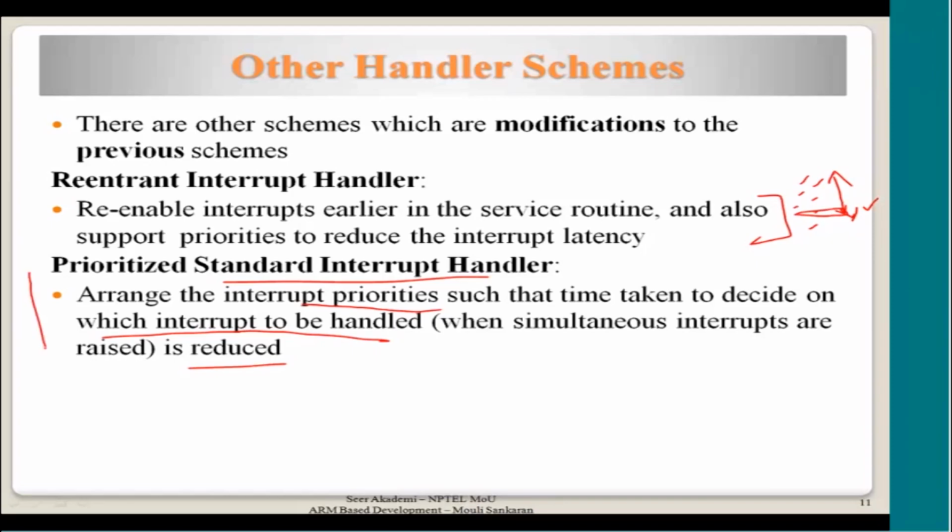Whereas in the prioritized case, hardware comes into play, and it helps in reducing the time taken for deciding which interrupt to service. Because hardware does the prioritization, it is much more efficient. That is what is called associating a priority. In this case, it can support priorities, but it will do it in the software routine, not through hardware support.